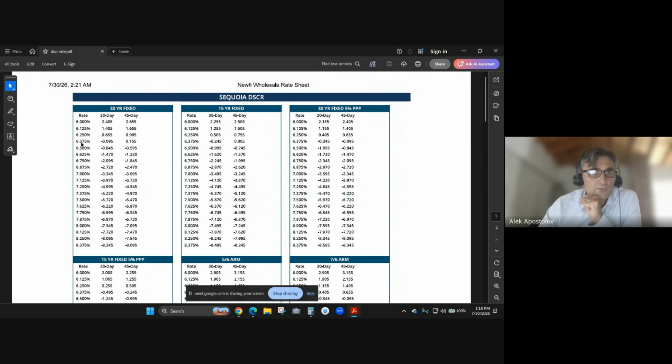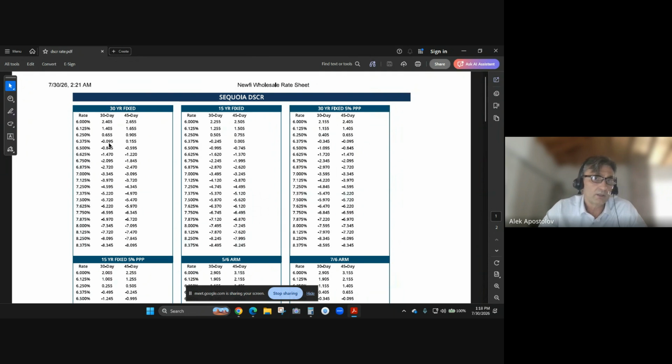Now, if the borrower chooses to go with 6.375, the lender will give a credit of 0.95 points. That's almost 1 point.